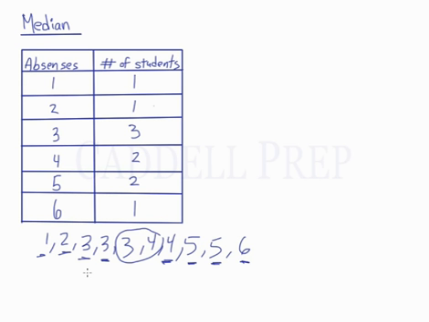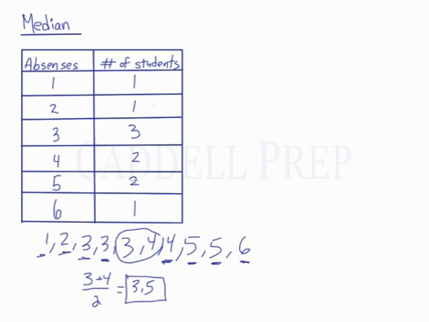So we find the average of these two. So the median is 3.5. It's the number right in between these 2 values, which is the average of these 2 values. So that's one way to find the answer, is to write them all out.